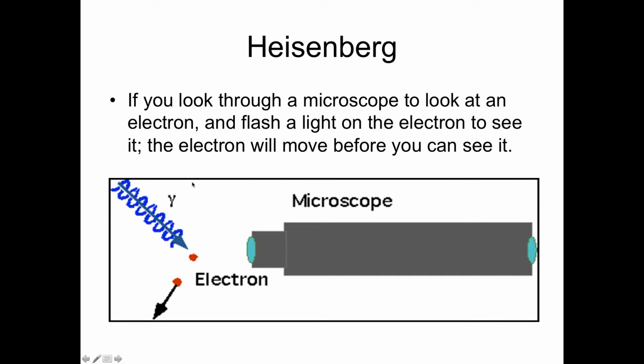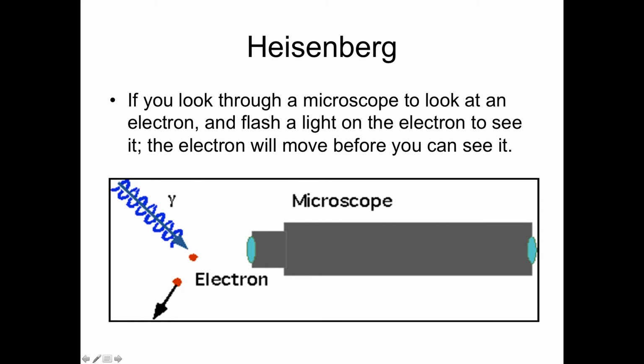And then to just elaborate a little bit more with Heisenberg's idea, let's say I could take a microscope and point it at an electron. As soon as that light from the microscope hit the electron, it wouldn't be there anymore. It'd be off and moving. It'd be like an endless chase to track down these electrons.